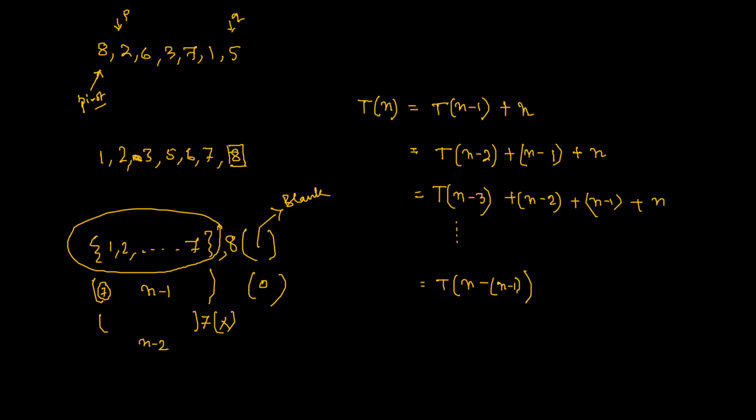So when n minus 1 comes, you can rewrite this side in the form n plus n minus 1 plus n minus 2 plus n minus 3 and so on.